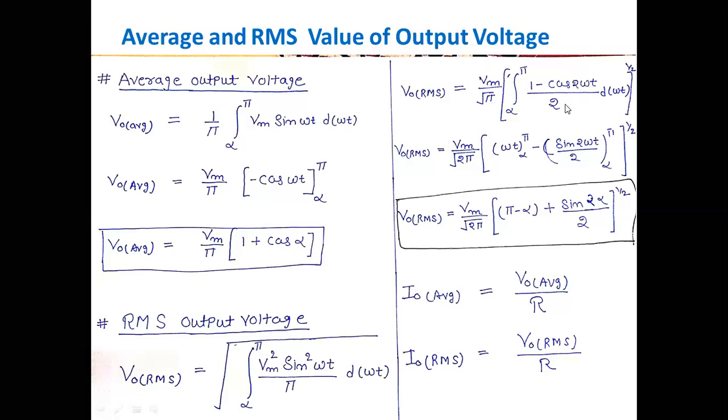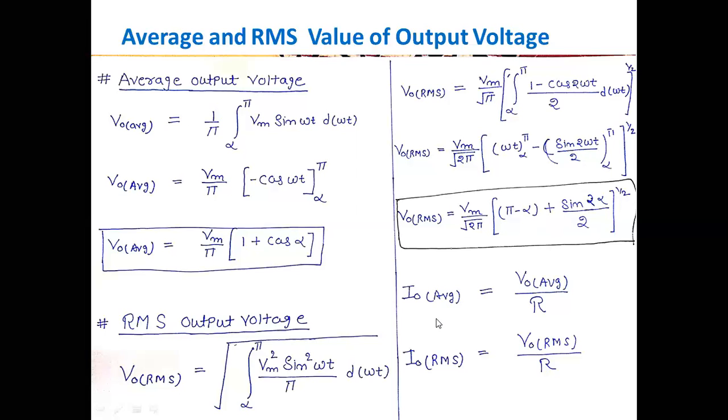This 2 is also taken out, it becomes Vm upon root 2 pi. If we integrate this, the integration of 1 is omega t, from alpha to pi. The cos 2 omega t gives the integration of sin 2 omega t by 2, from alpha to pi, and it is all over root of 1 by 2. When we solve this, we have the output RMS voltage as Vm upon root 2 pi, into pi minus alpha plus sin 2 alpha by 2, whole root 1 by 2.